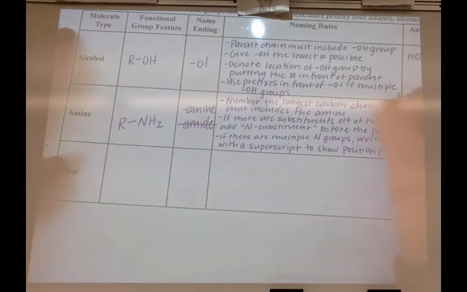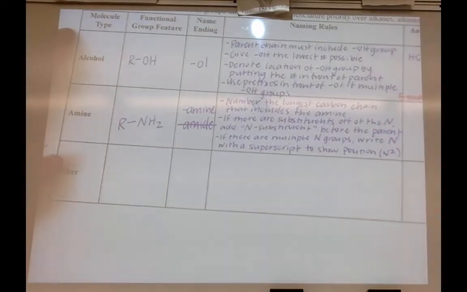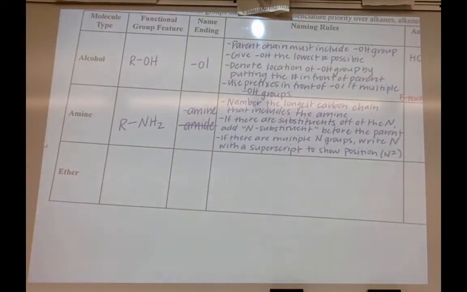So an example might be like N2. It's not N squared. You're just saying it's off the second nitrogen. Like always, if there are multiple amines, we just use prefixes as well.